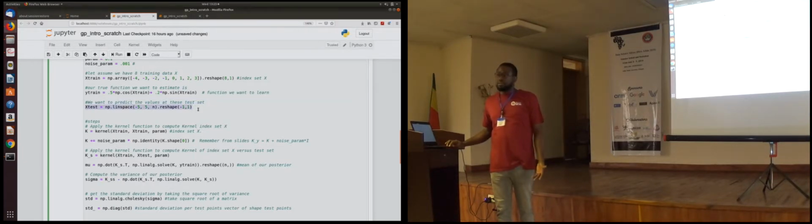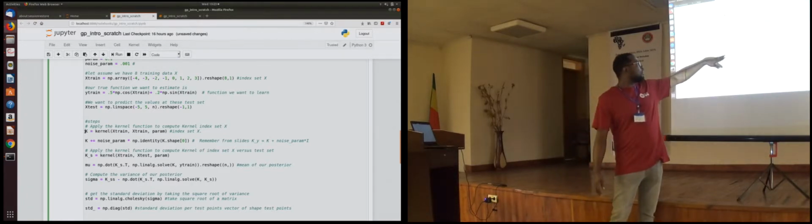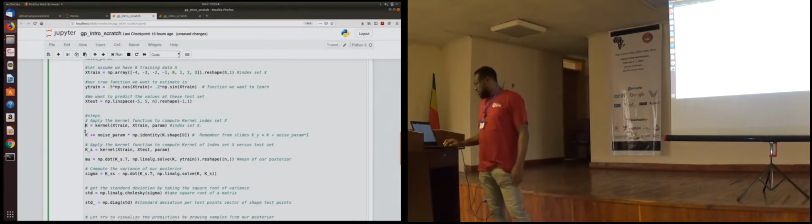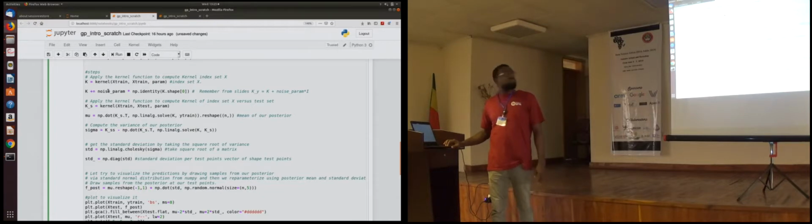So what I do is to make the first kernel function k, okay, which is how my training sets basically correlate, and then I add some noise. This is my ky.